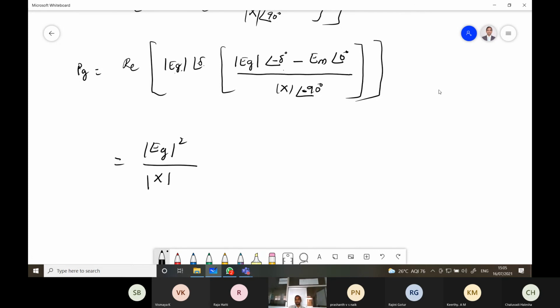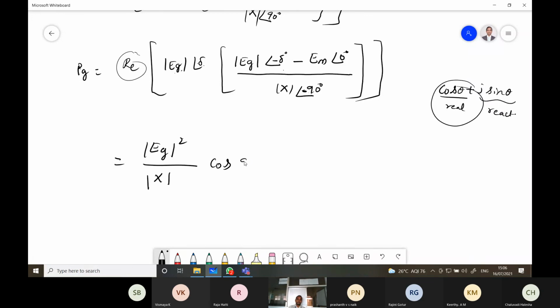So that is represented in real form. How are we representing it? Cos theta plus j sin theta, where cos theta is the real part and j sin theta is the reactive part. So considering the real part, the angle is 90 degrees.